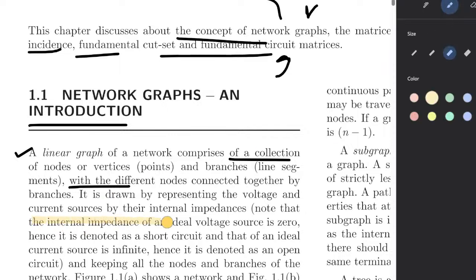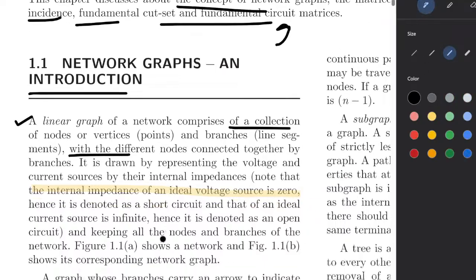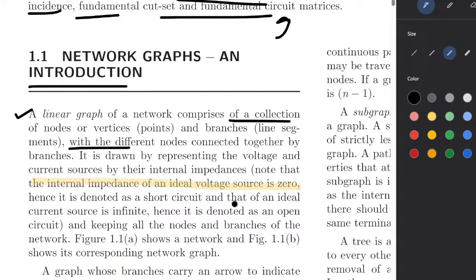Hence it is denoted as a short circuit, while the ideal current source has infinite impedance, hence an open circuit, keeping all the nodes and branches of the network.